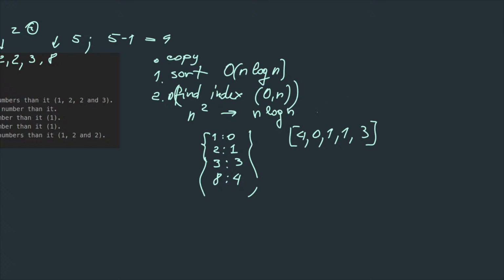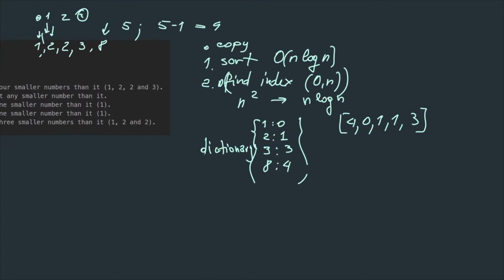So it's a faster algorithm, but more expensive on memory, because we'll need to make this dictionary. I assume most people just sorted and then, for each item, found the index and showed the value.